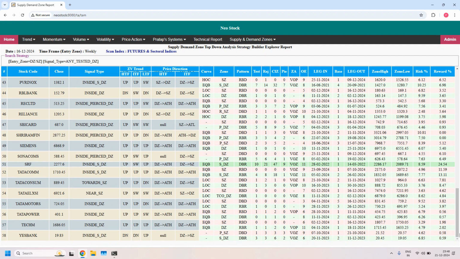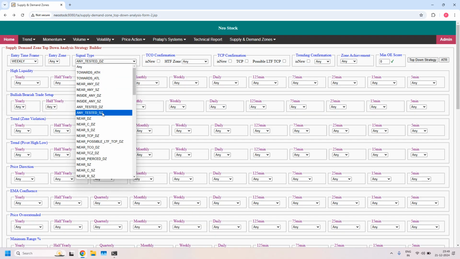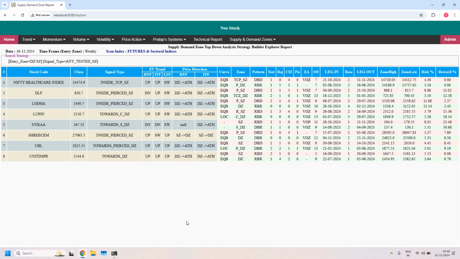So total 58 weekly demand zones are tested. That means these stocks having weekly demand zones are tested during this week. Okay, next for weekly time frame, let us find the stocks having the tested weekly supply zones. 8 stocks are filtered. These 8 stocks having the supply zones are tested during this week.